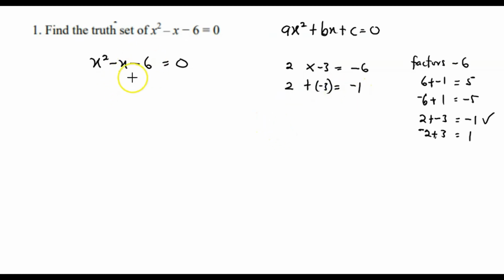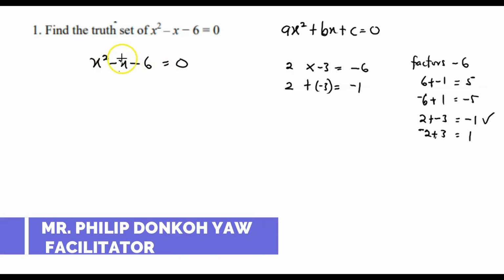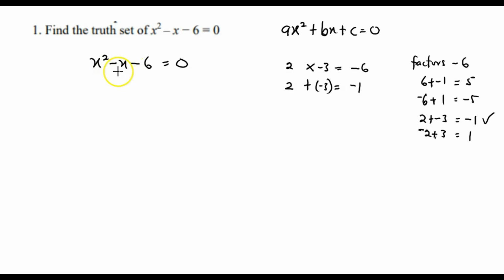Therefore, we can replace x squared minus x minus 6 with a 4-term polynomial function by replacing the negative x term. So, what are we replacing it with? We said that the negative 1 is two numbers adding up to give us negative 1.